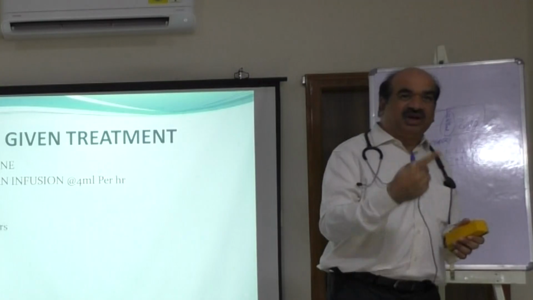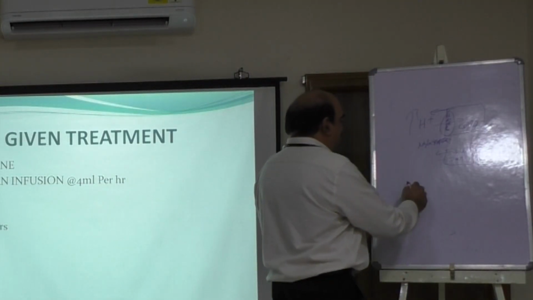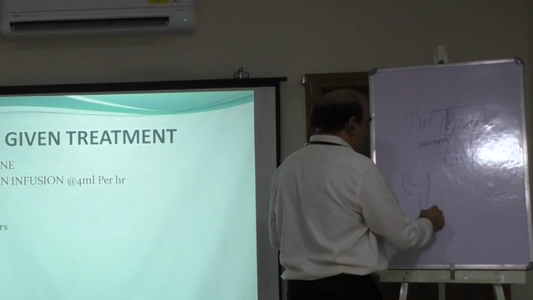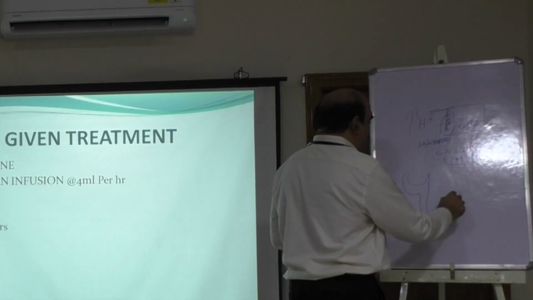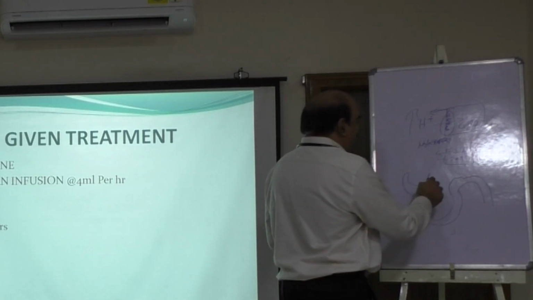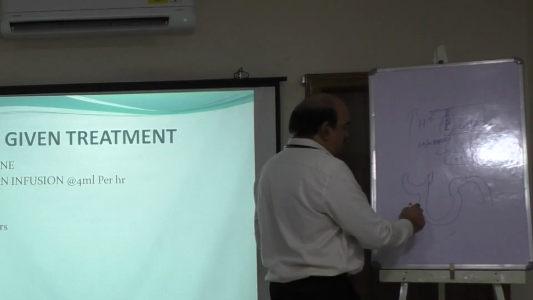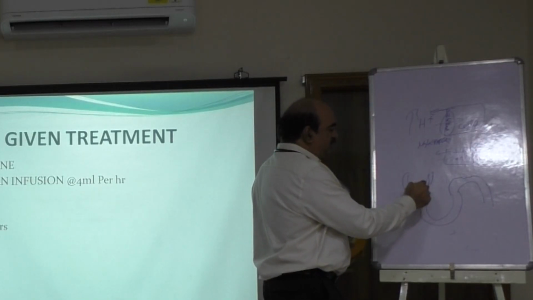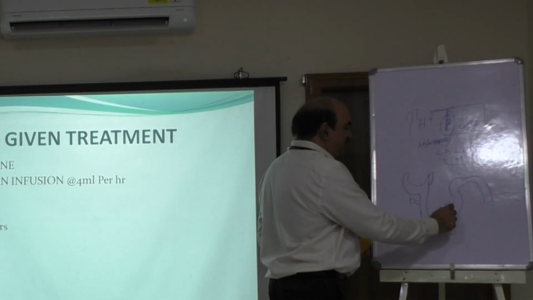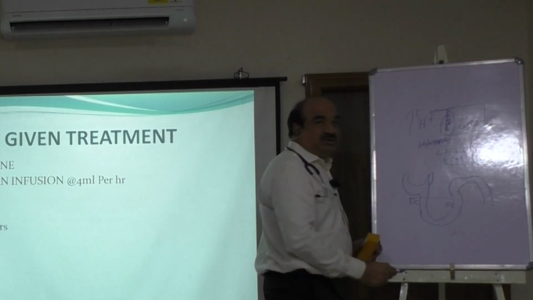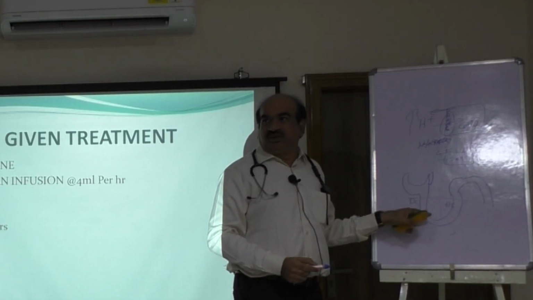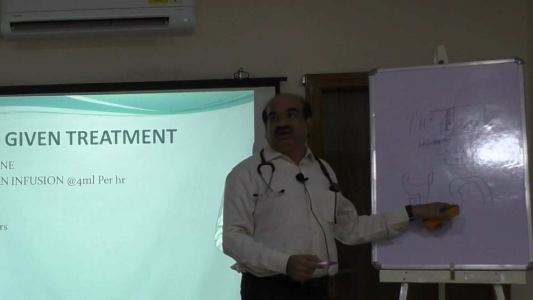Whenever there is increased salt delivery into the distal tubule, so the glomerulus, the descending loop and ascending loop, proximal tubule, proximal convoluted tubule, and descending portion and ascending portion.